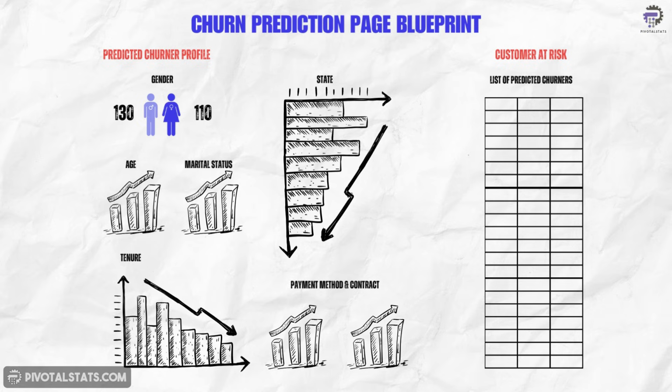So I'm going to include gender, age, tenure, payment, contract, and also state related data. But along with that, I would also like to include one more chart, which would be the marital status of those churners, just so that we can see if that has any specific impact in our overall analysis or not. So now that we have our blueprint ready, let's jump into the visualization part of this second page.